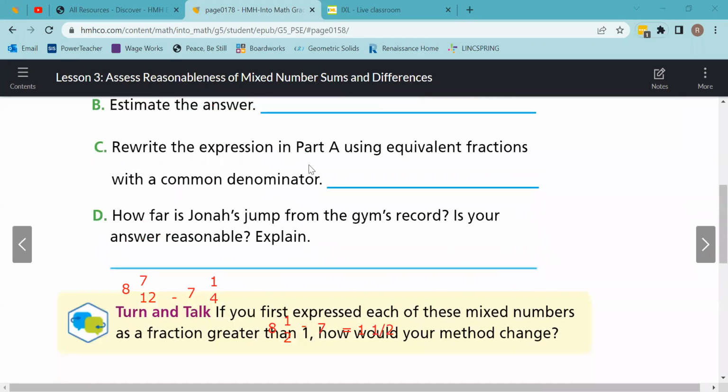Letter C, rewrite the expression in part A using equivalent fractions with a common denominator. So we've got 8 and 7/12 and 7 1/4. Kind of wish I could just copy and paste that, but we'll go with it. 8 and 7/12, and then we're taking away 7 and 1/4.